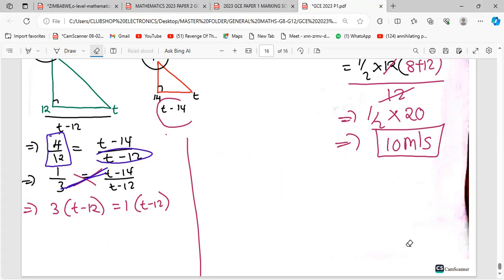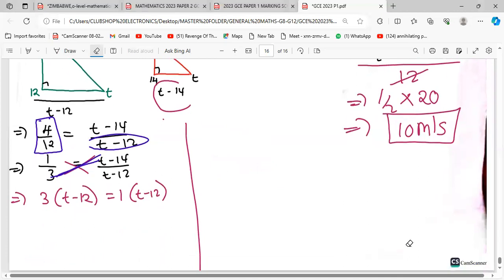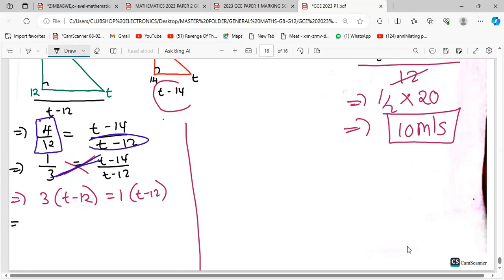So when you underline the answer in an exam, let the answer make sense. You cannot just underline, for example, 12. That should give you an idea that the answer is not correct. All right, so here, I'm multiplying by 14, not 12.